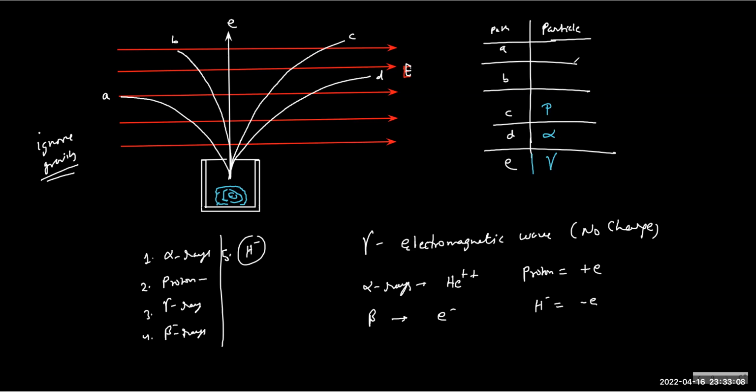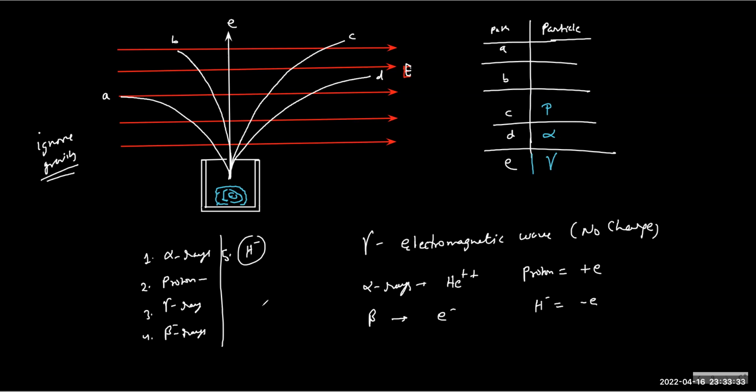Sir, so both beta and hydrogen ion have equal negative charge. So we have to think about the mass of both, right?